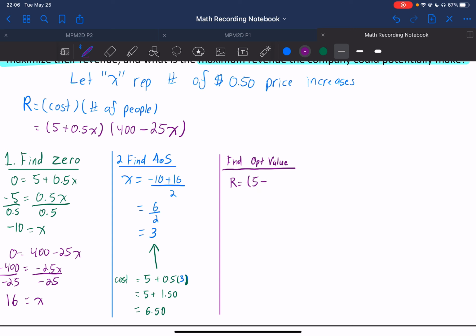So we get 5 plus 0.5 bracket 3 times by 400 minus 25, again, bracket 3. That's going to give us 6.5 times by 325, which gives us a maximum revenue of $2,112.50. And this right here is our max revenue.